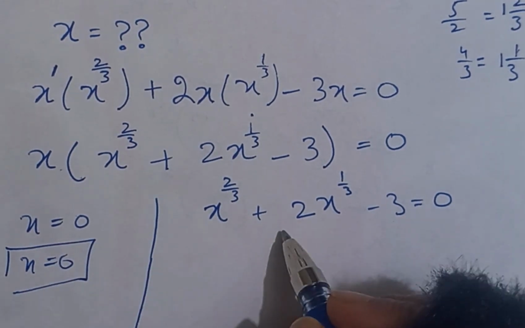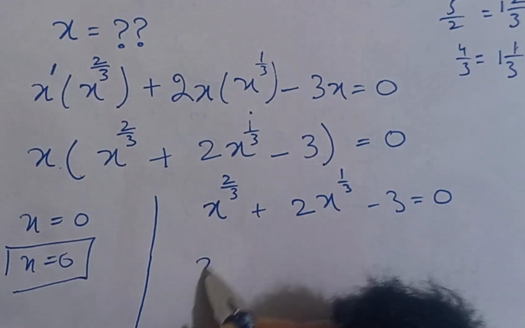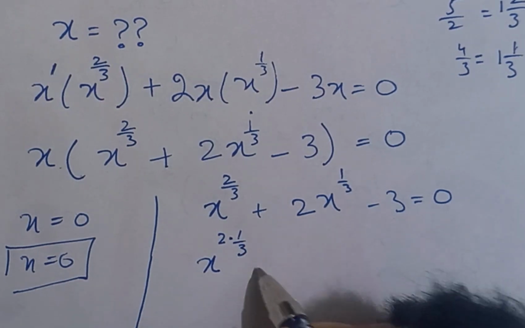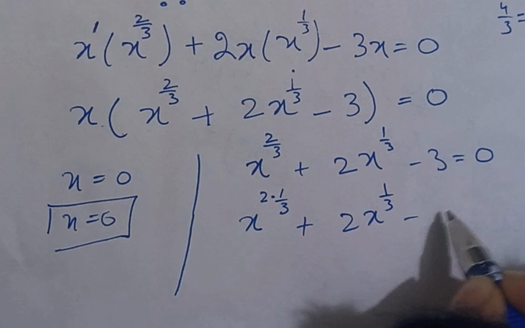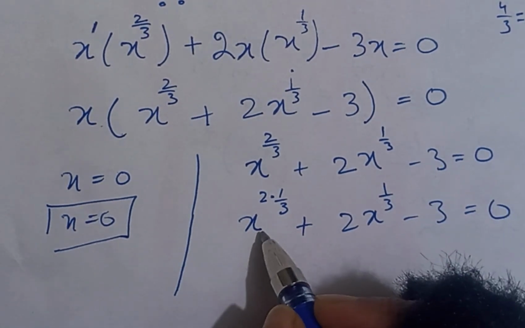Now look at this. This is x raised to the power 2 over 3. So we can write this as x raised to the power 2 multiply 1 over 3 plus this is our 2 multiply x raised to the power 1 over 3 minus 3 is equal to 0. Now here we use an exponent rule.